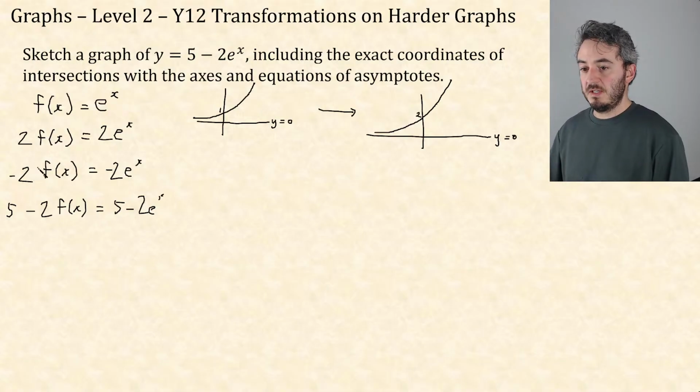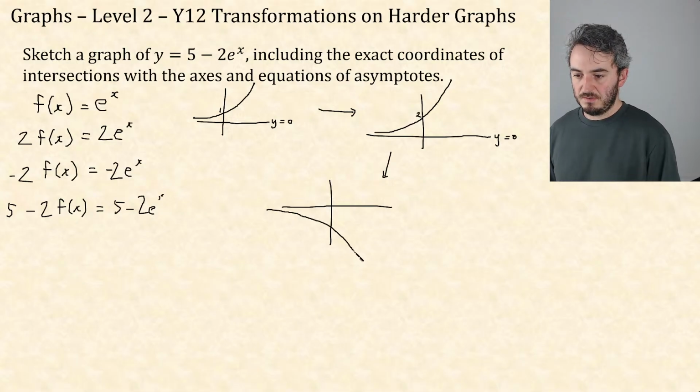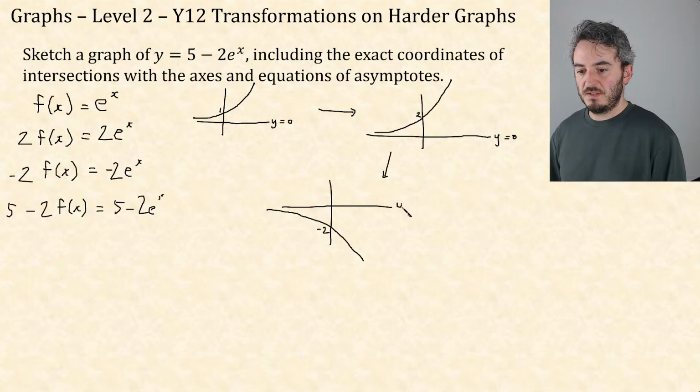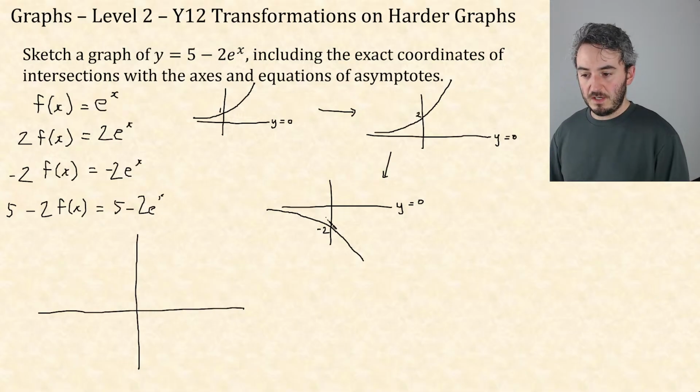Okay, next is a reflection. Again, these are just rough sketches. So I'm going to reflect that in the x-axis. The 2 goes down to a -2, but still y equals 0 is the asymptote. And now I'm ready to do the neat sketch, which is this whole thing shifted up by 5 units.